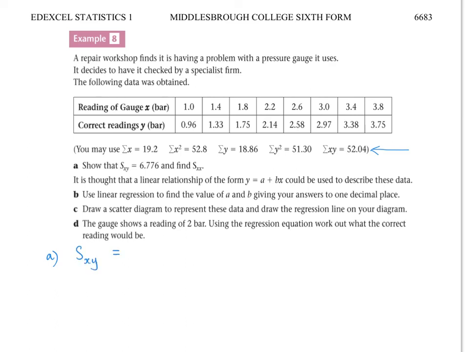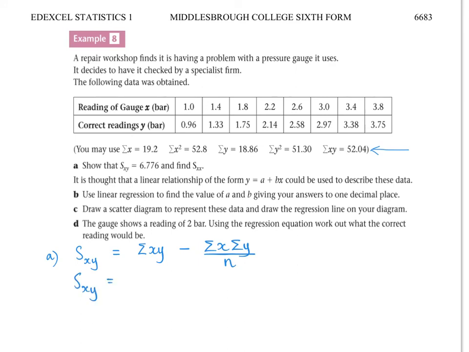So if we plug that into the equation that we know, that would be 52.04, the sum of xy, minus the sum of x, the sum of y, all over the number of pieces of data that we've got.